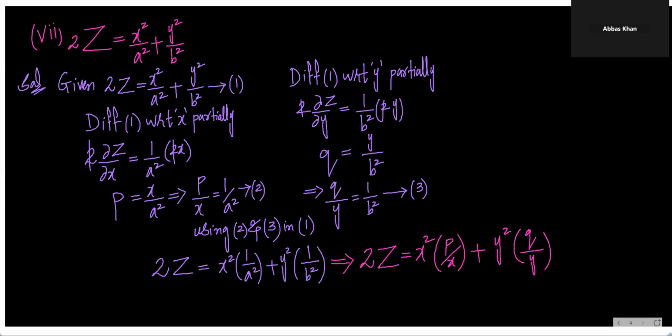From this, if you simplify, आपका question number 1 अपन कंप्लीट कर रहे हैं, 2 marks. Finally, your answer is 2z is equal to px plus qy. So no more arbitrary constants.